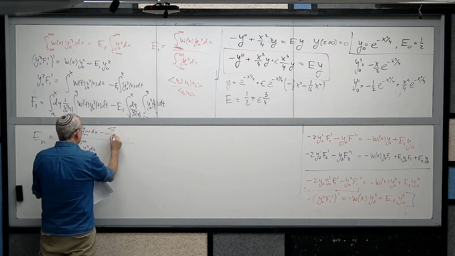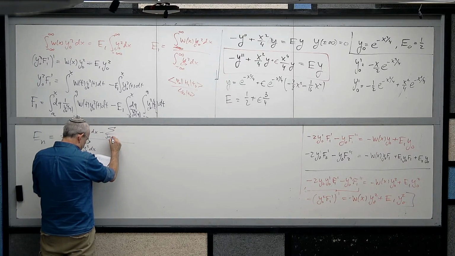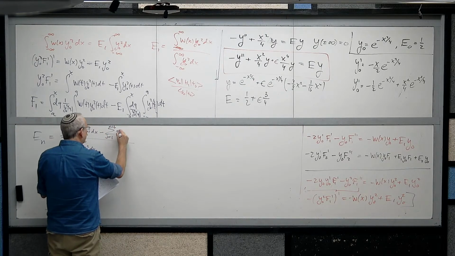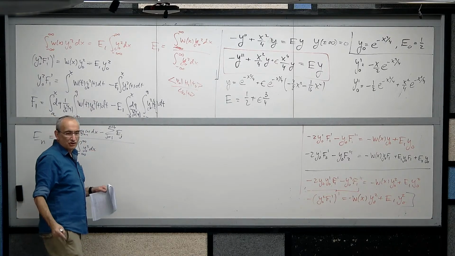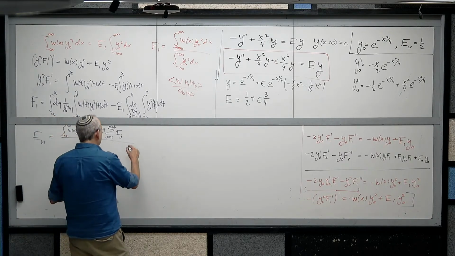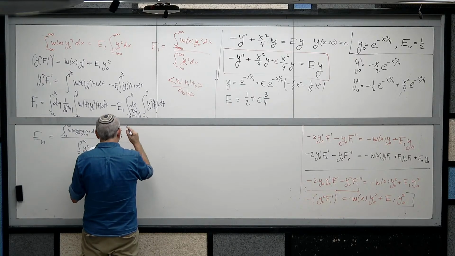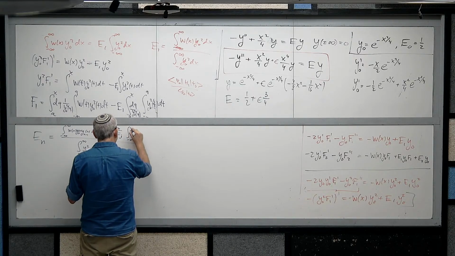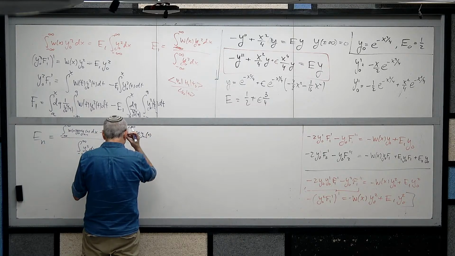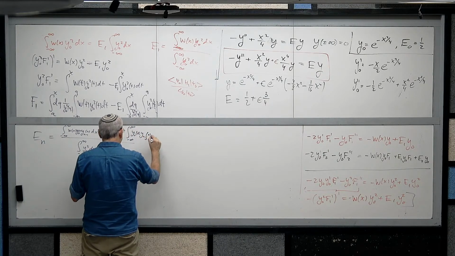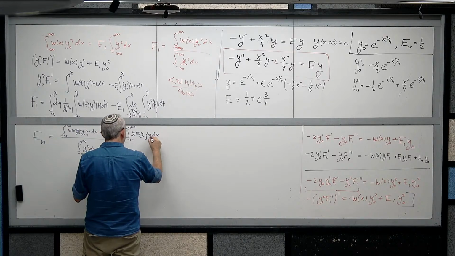minus sum from j equals 1 to n minus 1 of ej, because you need all the corrections up to here in order to get this correction. And now you have the integral from minus infinity to infinity of y naught of x, y n minus 1 of x, n minus j of x dx.